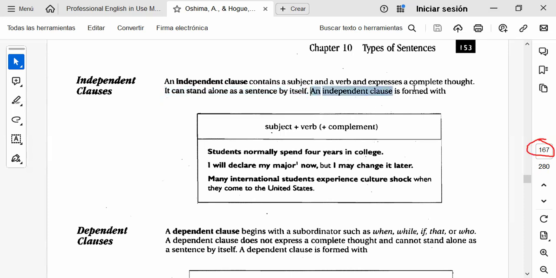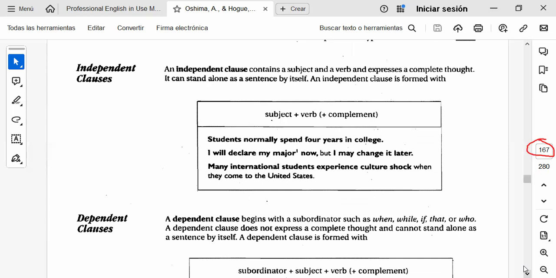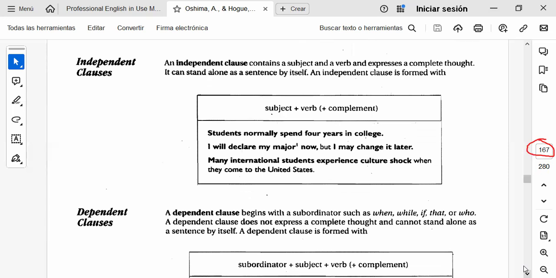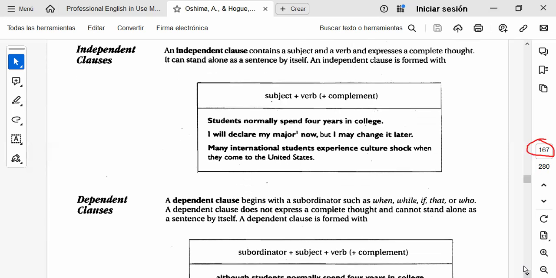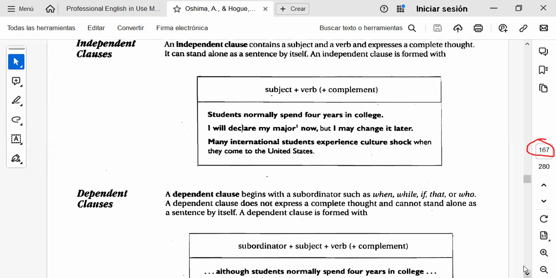And independent clauses are formed with subject plus verb. Students normally spend 4 hours in college. I will declare my major now, but I can change it later. Many international students experience cultural shock when they come to the United States. Independent clauses, okay?